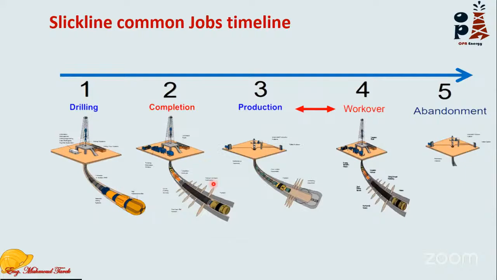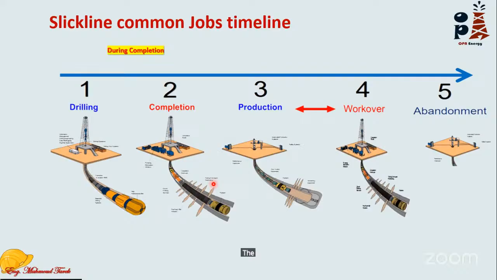Okay, when we are using the Slickline, it resembles the second slide we discussed, the timeline of the well intervention. So it resembles it, but we will talk here about the Slickline.